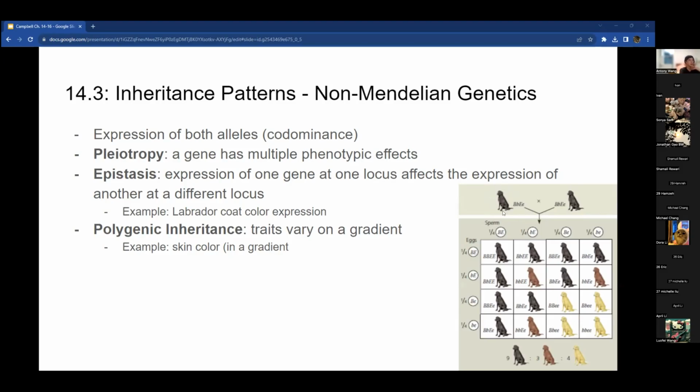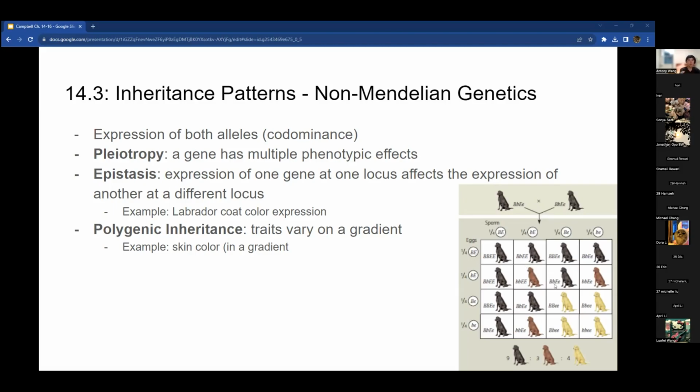The coat color for Labradors is determined by two sets of genes. The first is determining the coat color, right? This is like normal Mendelian genetics. So you have the dominant allele B for black coat color, recessive allele little b for brown coat color.